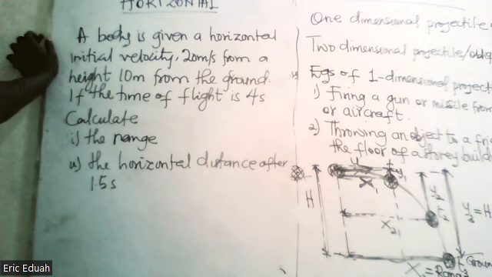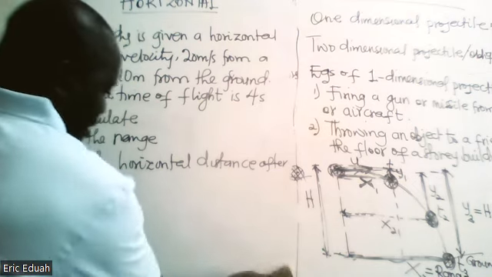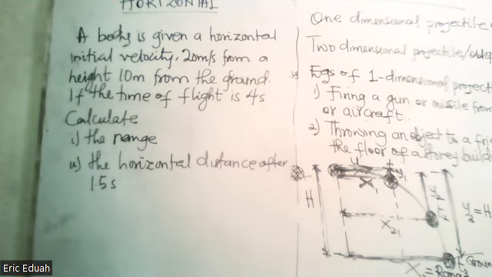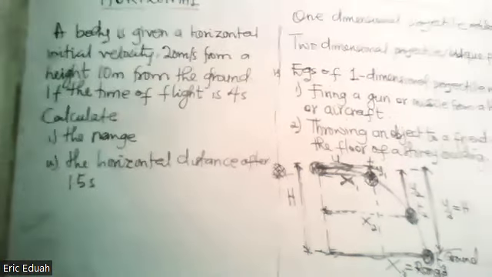If the time of flight is 4 seconds, calculate (i) the range, (ii) the horizontal distance after 1.5 seconds. All right, start work. Let's see what you can produce out of this, okay?